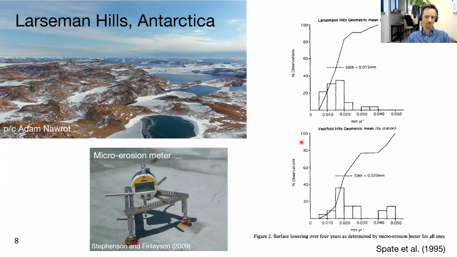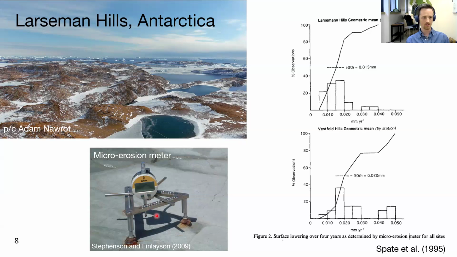Here's another effort at quantifying erosion on instrumental timescales. So this study was in Antarctica, a couple sites, and they were using a micro erosion meter in this case. So the idea here is you just fasten this device, harness, I guess, to the boulder itself.